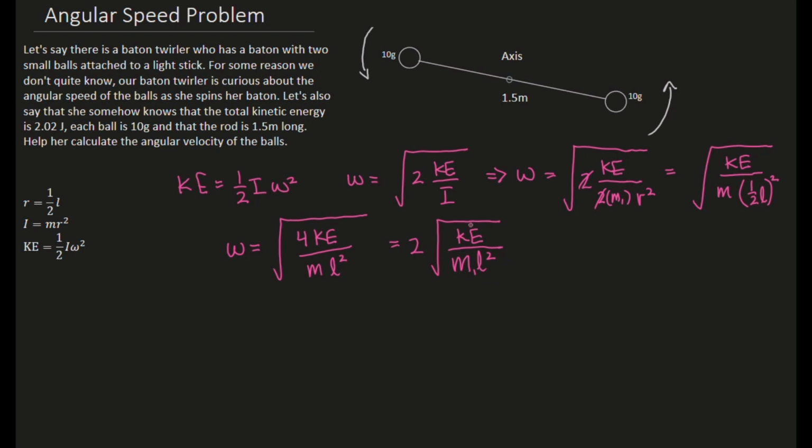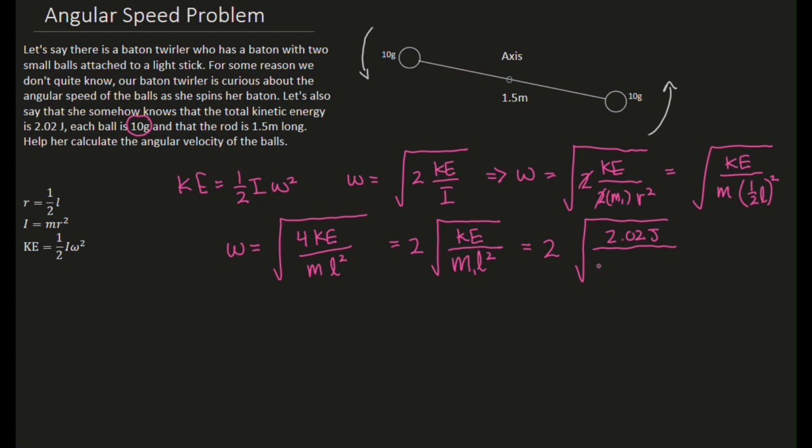So I'm going to say that's 2 times the square root of our kinetic energy, which is 2.02 joules. Now if you didn't already notice, our mass is given to us in grams, and we can't calculate that in grams. We need to calculate it in kilograms to get the appropriate angular velocity.